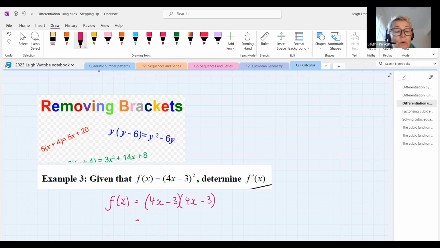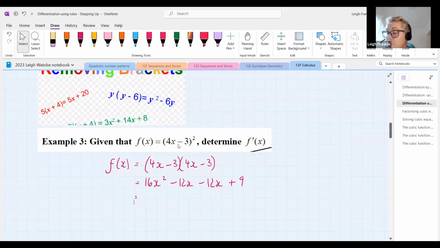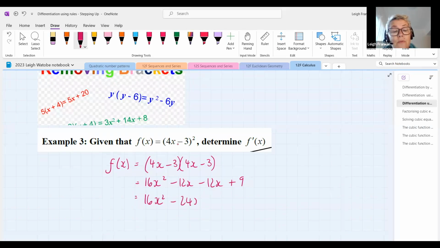So essentially what I'm doing is FOIL. That's going to leave me with 16x squared minus 12x plus 9. And now I can collect together my like terms. So that would leave us with 16x squared minus 24x plus 9.